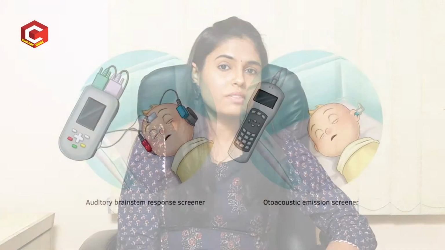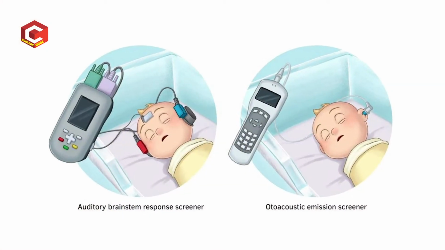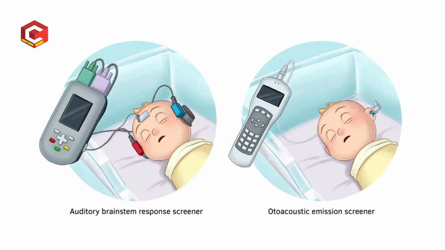After that we place electrodes on the kid and present different kinds of sounds to the ears, and we take the response directly from the brain, how the child's brain is responding to the different sounds. In this test we come to know the hearing status, at what level the child is hearing.